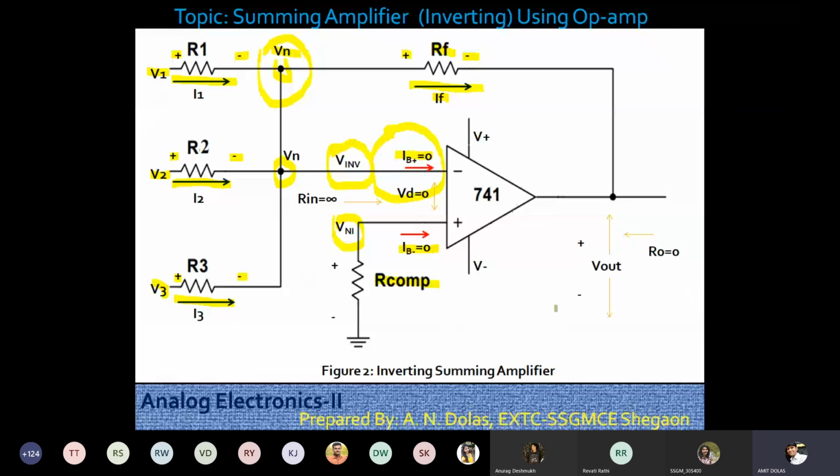I want the equation now for the output voltage. For getting the equation for this output voltage, I have 3 currents passing into the Vn node and 1 current leaving from the Vn node. I will use, of course, KCL here. Similar steps are there.